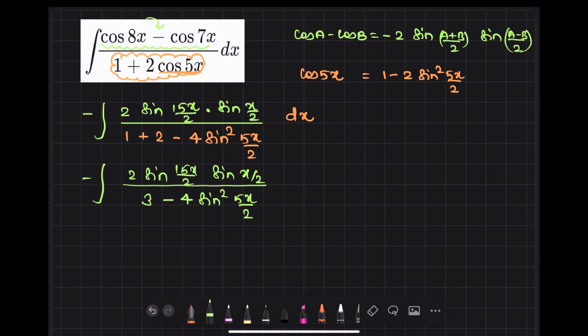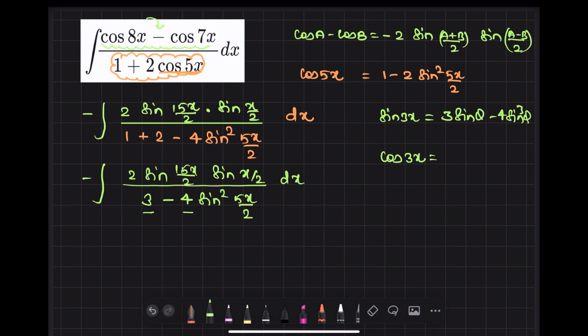Now look at the combination. Whenever you have 3 and 4 together, you have to think about either sine 3 theta or cos 3 theta or tan 3 theta. So right now I am using sine 3 theta. Okay, so it is 3 sine theta minus 4 sine cube theta.